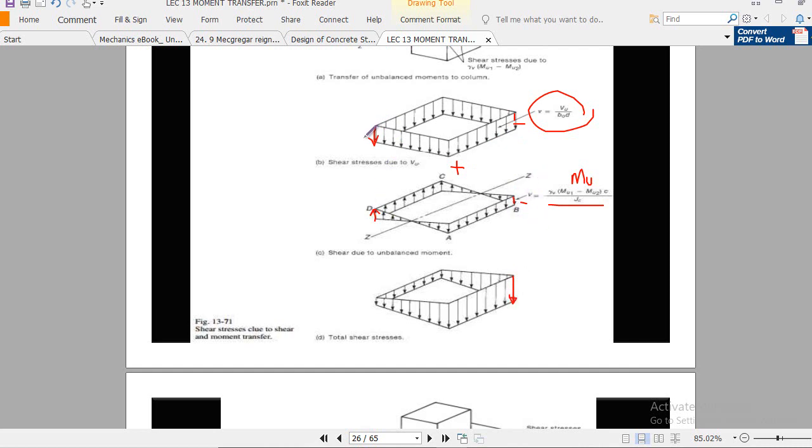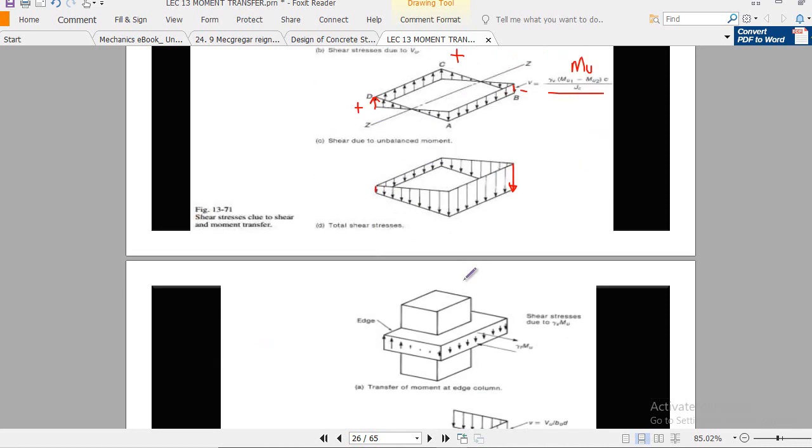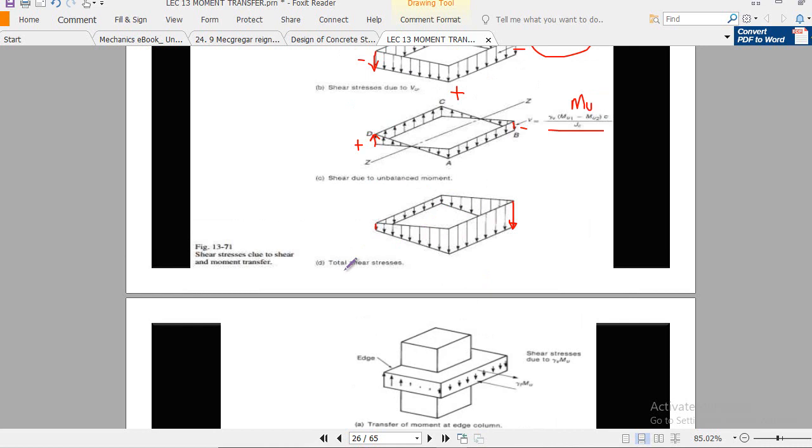And here you have negative and here you have positive sign, because here you see tension, here you see compression. So they offset each other, and you got the lesser amount of shear stress at this face. Okay, so this will now be our total shear stress. It is important. In figure 13.7.1, this is our total shear stress.